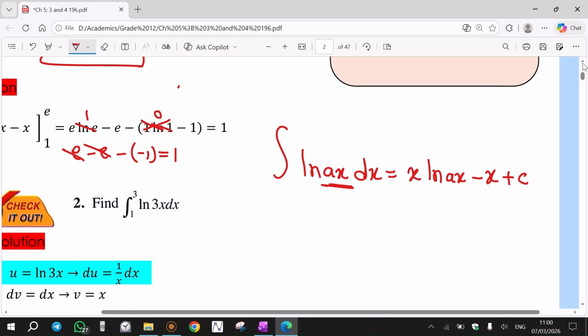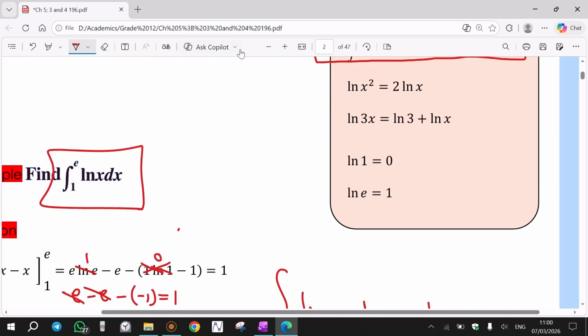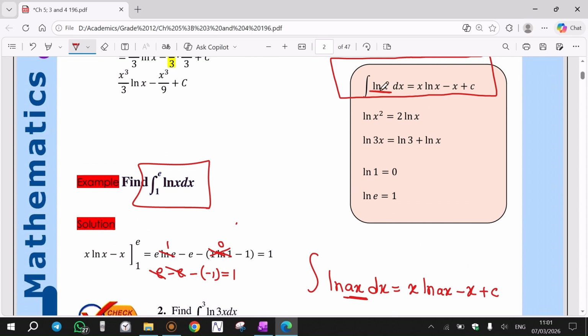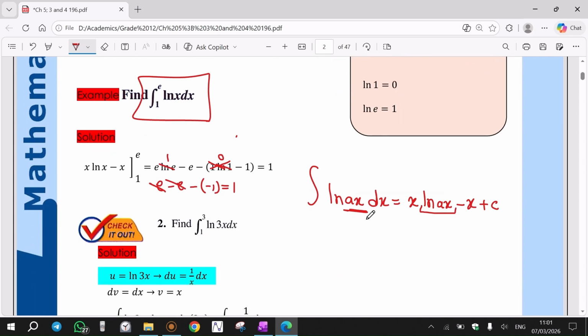For normal ln, it's going to be x ln x minus x, but if a number is multiplied by x inside the ln, the number will be multiplied by x inside the ln in the result as well. So these two lns in the integral and in the result are the same.